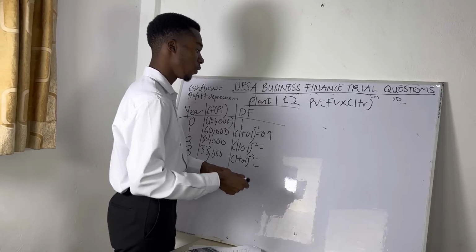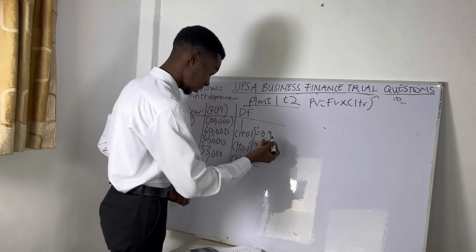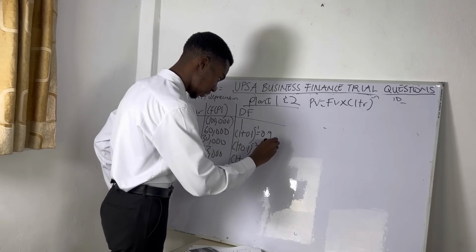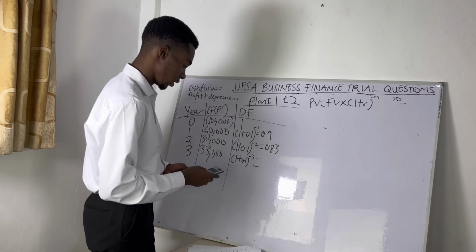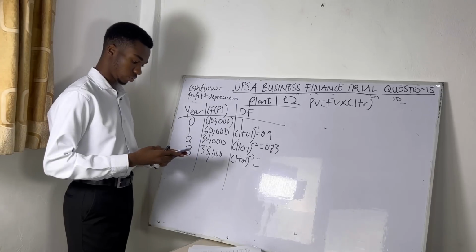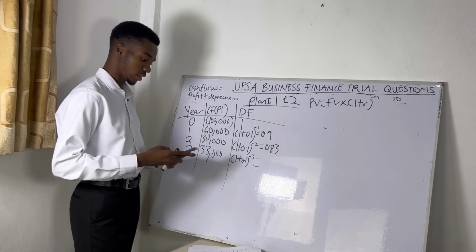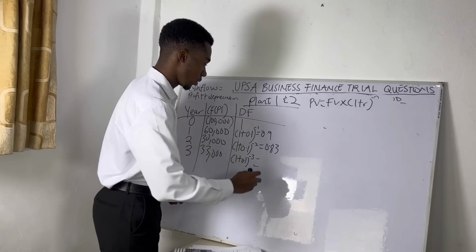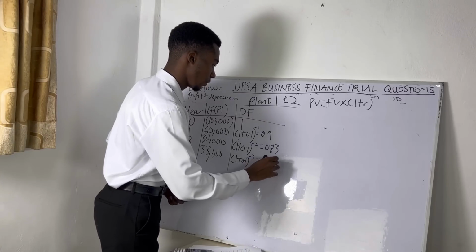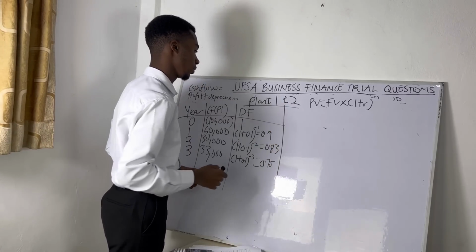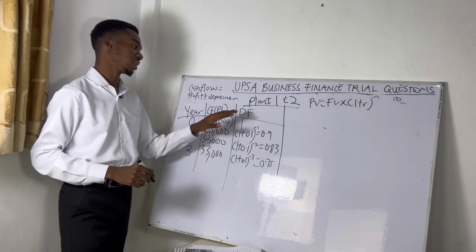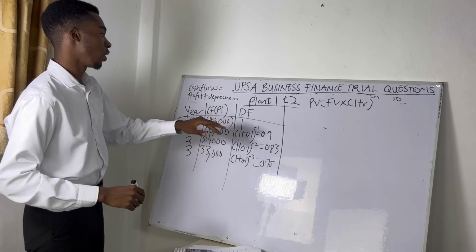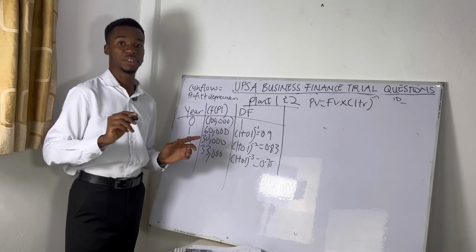You can do it to 4 or 3 decimal places as well; you get something similar at the end of the day. Then 1 plus 0.1 exponent negative 3, you're getting 0.75. So this is our discount factor. When we multiply the discount factor by the cash flow, we are going to get the discounted cash flow, or the present values.